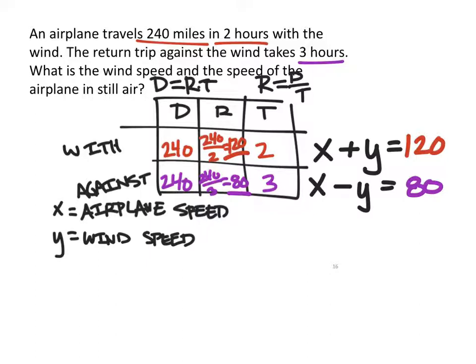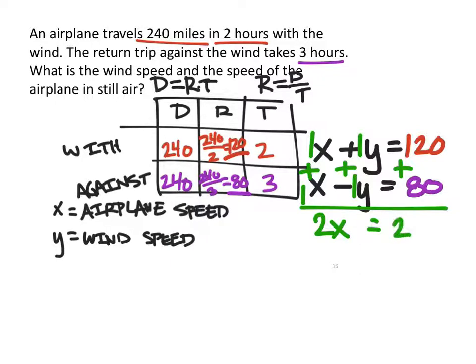And now, because the coefficients of the y's are opposite, we're ready to add these two equations together to eliminate the y's. So that's 1x plus 1x, that's 2x. That'd be 2 airplane speeds, which would be the same as 120 plus 80, that's 200 miles per hour. So if you doubled the airplane speed, you get 200 miles per hour. We don't want double, we just want one individual airplane speed.